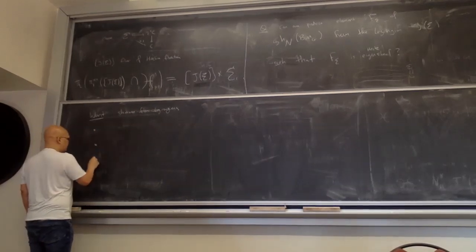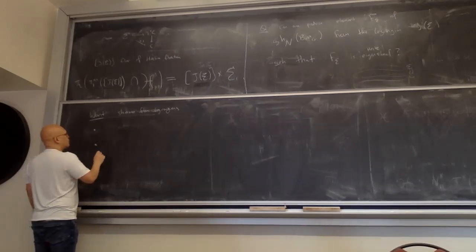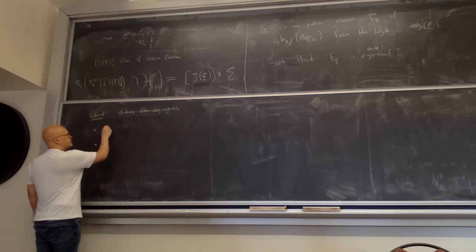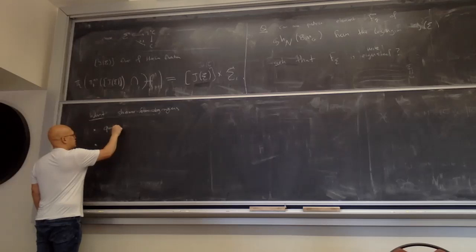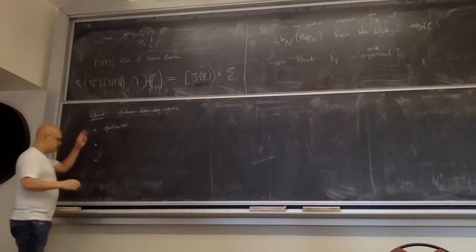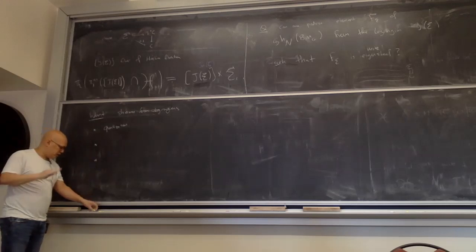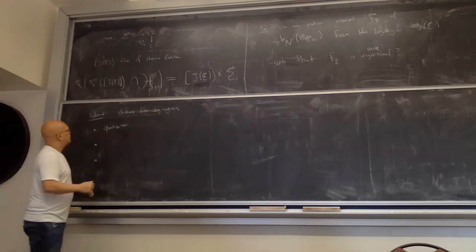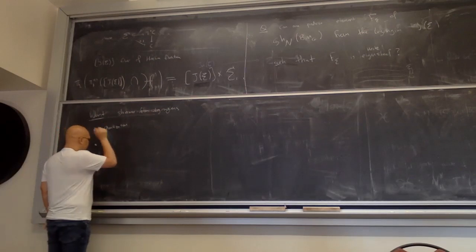There are three paths you could take. One path is quantization. And I think this has something to do with what Valence and Drinfeld are doing, which I don't understand. Anyway, it's not what we're going to do.